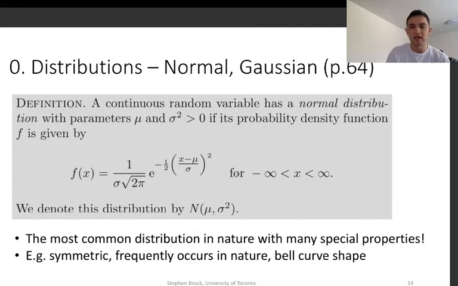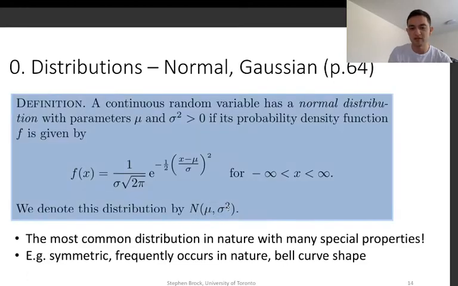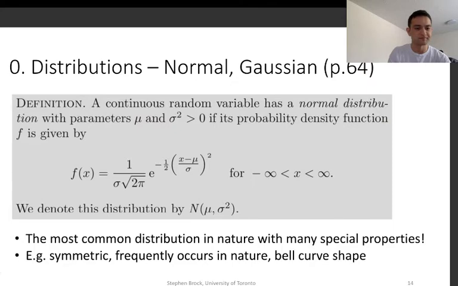This is for any x from negative infinity to infinity, so any x in the real numbers. We denote this distribution by N of mu, sigma squared. Sometimes you'll see the notation for the Gaussian distribution slightly different, as N of mu and sigma. So sometimes instead of using the variance, it'll be the standard deviation.